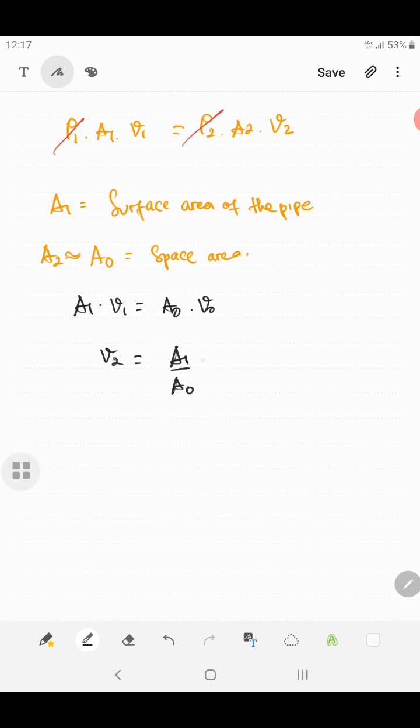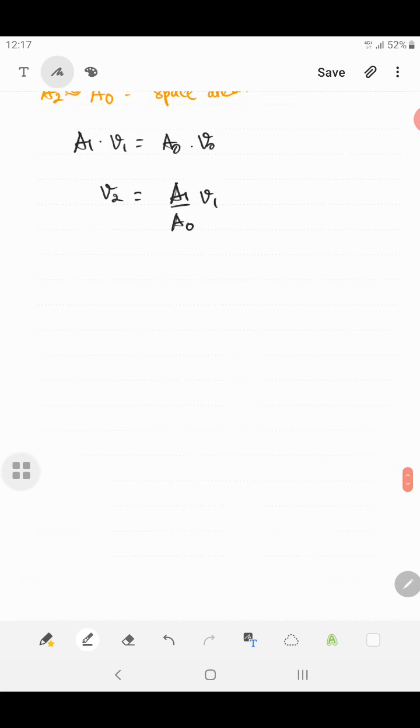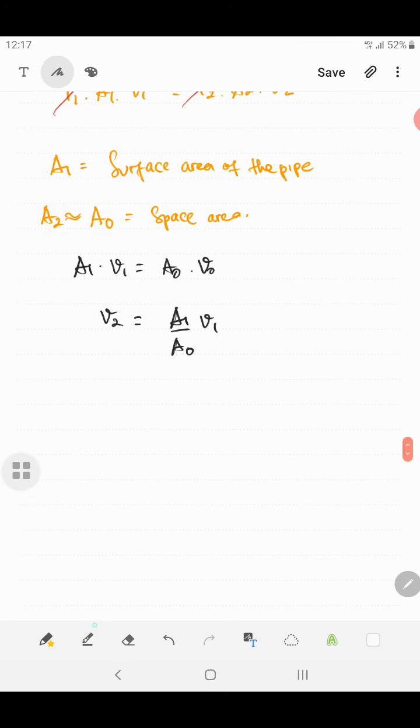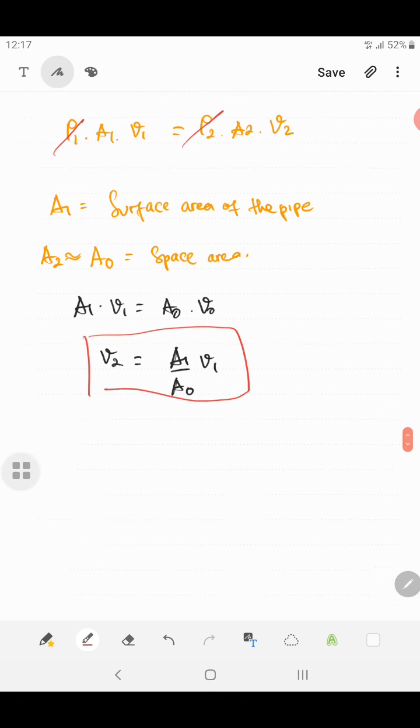So V is A1 over A0 times V1, and you can substitute this equation into the Bernoulli equation.